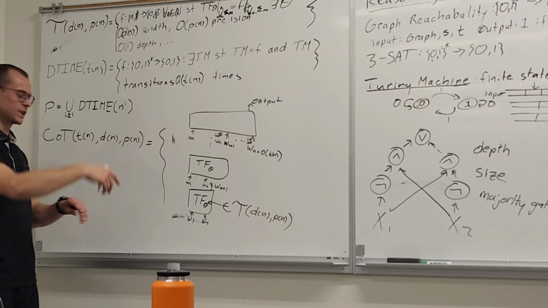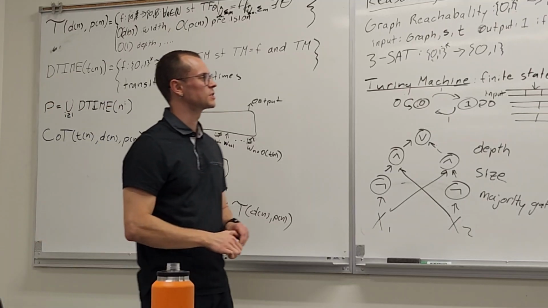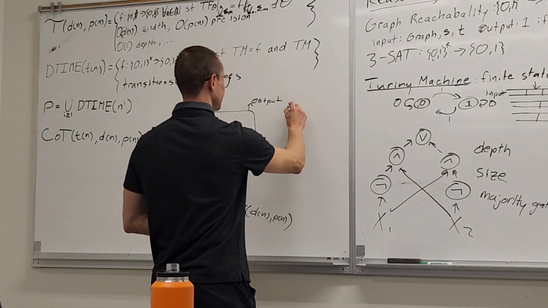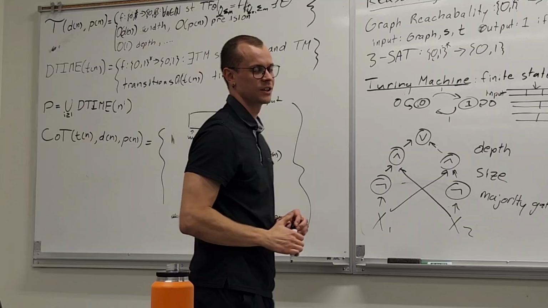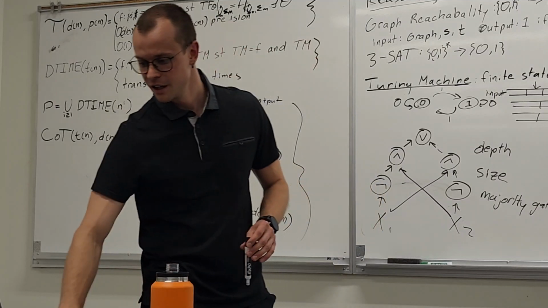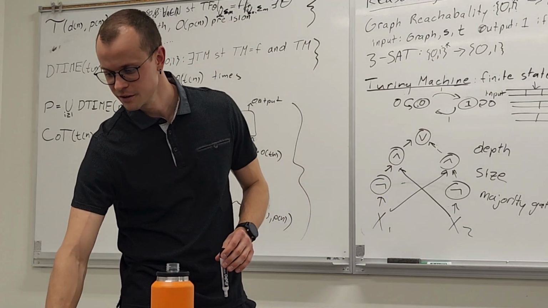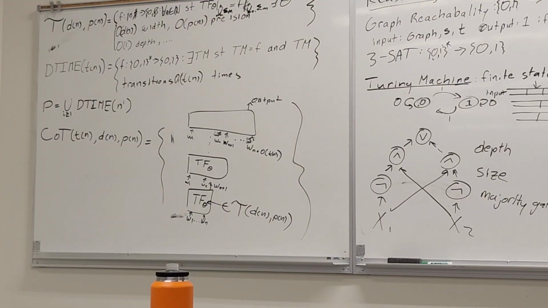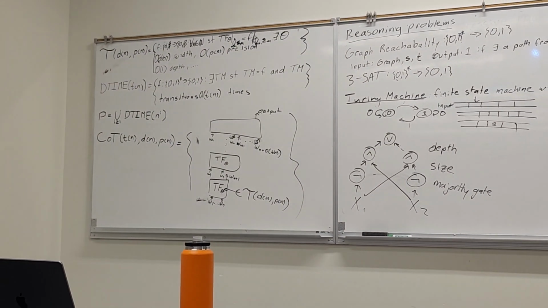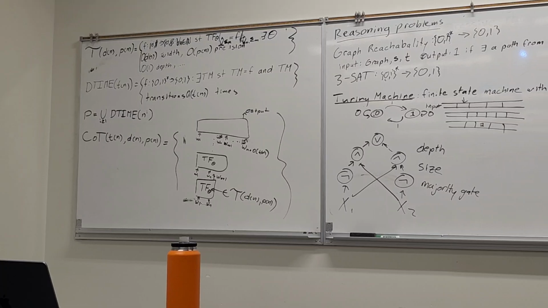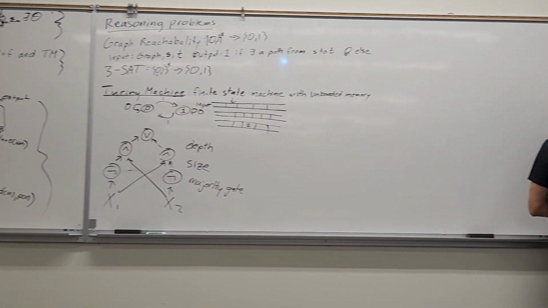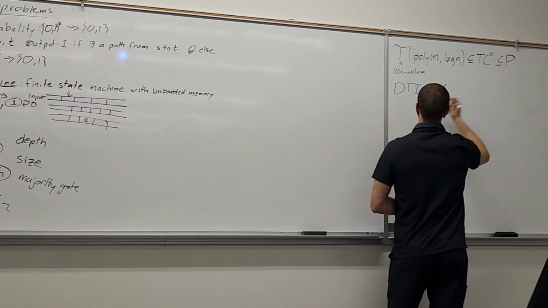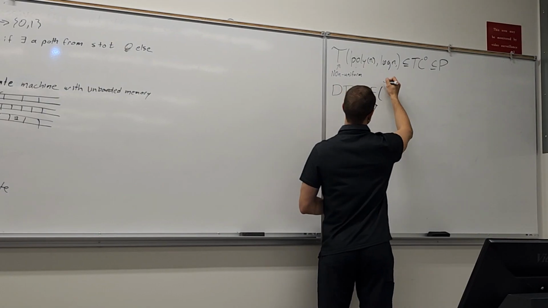It's going to tell you how many autoregressive steps you're allowed. And the question becomes, what can we do with this chain of thought class, and how does it improve things? And the answer is, it's going to improve a lot. And so it's going to look like this. The class deterministic time, for Turing machines.